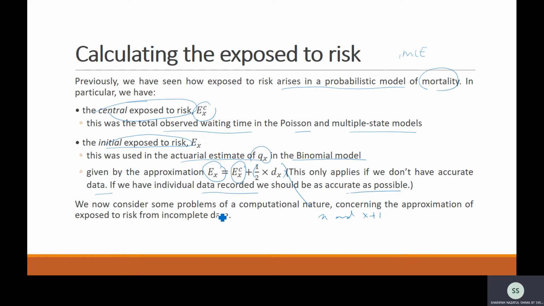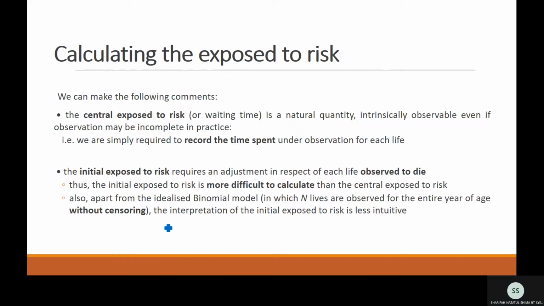Now we consider some problems of a computational nature, concerning the approximation of the exposed to risk from incomplete data. The central exposed to risk, or waiting time, is a natural quantity, observable even if the observation may be incomplete. We are simply required to record the time spent under observation for each life. The initial exposed to risk requires an adjustment in respect of each life observed to die.